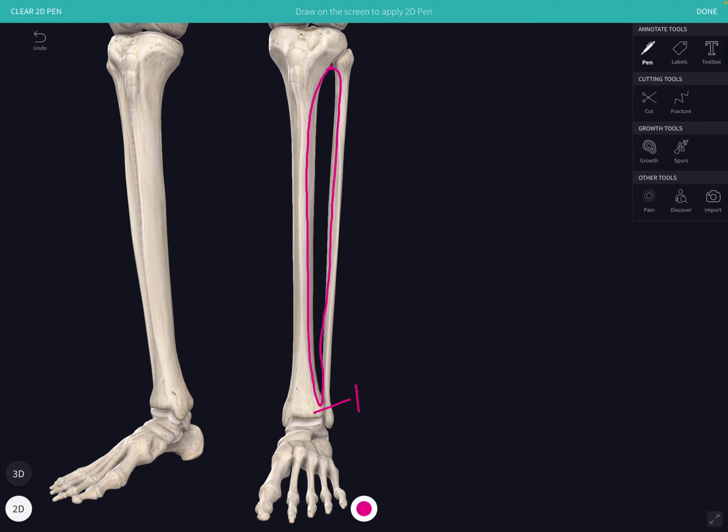So if you get fractures in the ankle, they can sometimes be associated with fractures up here, just below the head of the fibula, almost in this sort of neck region, neck of the fibula there. Okay. And that is the fibula.